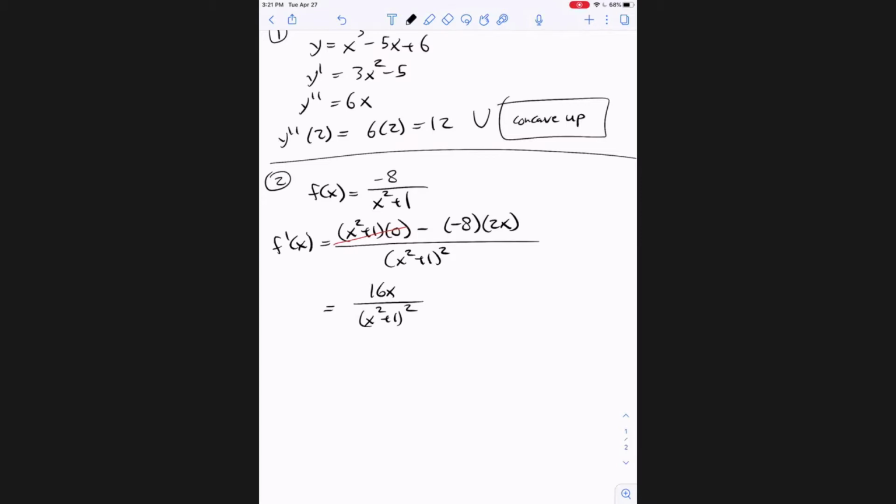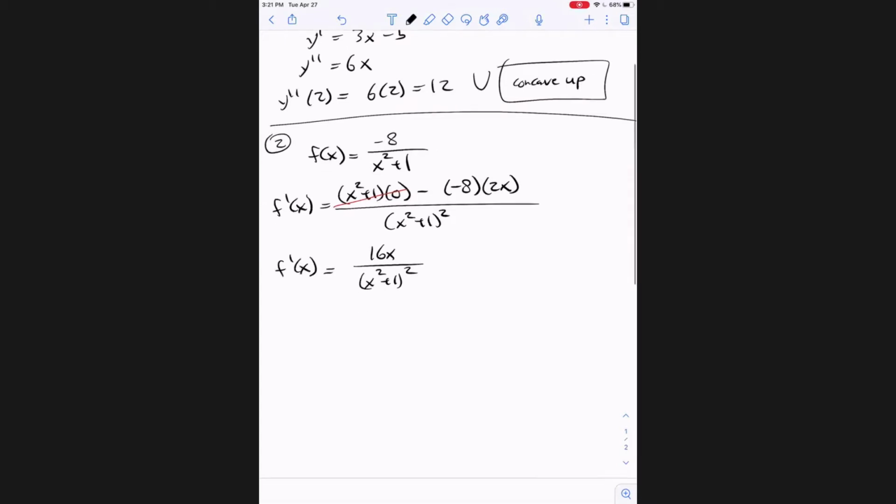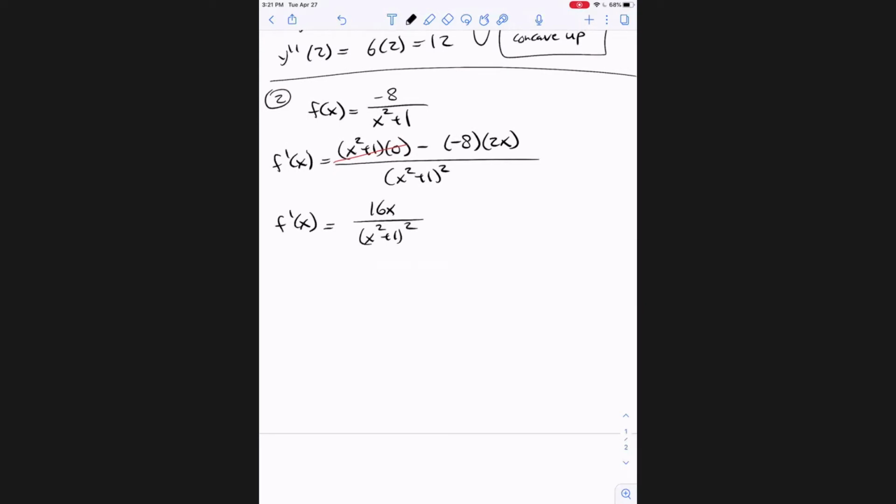Now, this derivative is a fraction, so the derivative equals 0 when the numerator 16x equals 0. The derivative does not exist when the denominator, x squared plus 1 squared, equals 0.